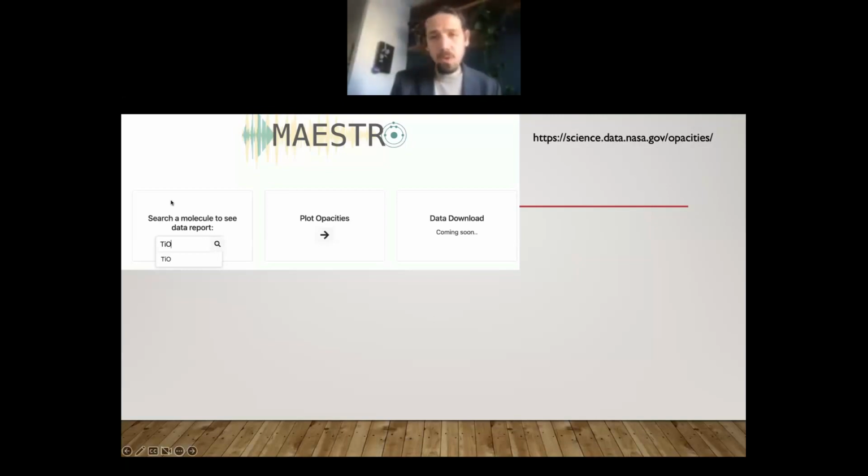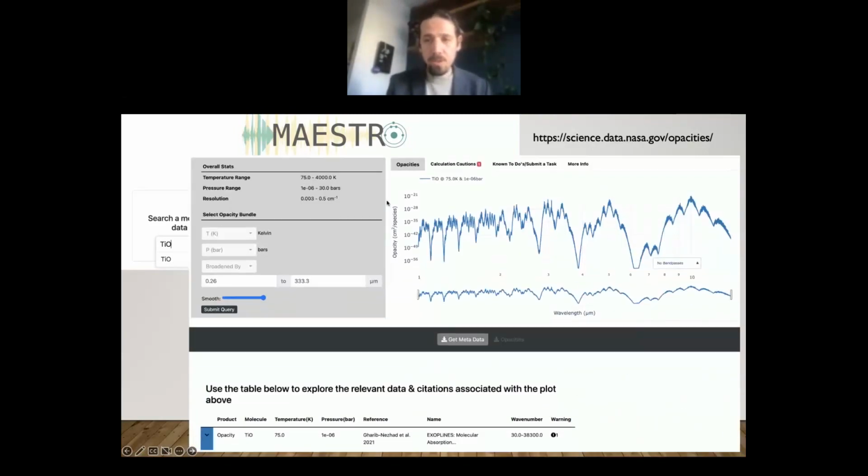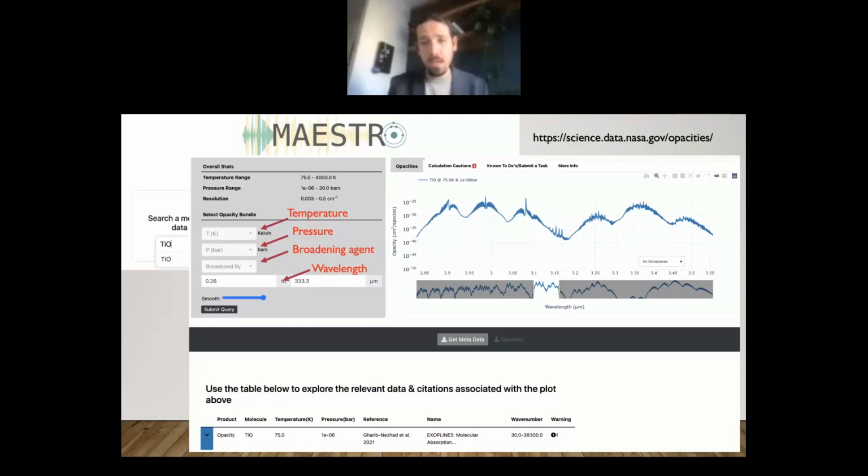You can go to this website; the link is here at nasa.gov. For example, for TiO, you see there are different options for temperature, details about the references, the information for broadening, and you can also zoom in on the data.